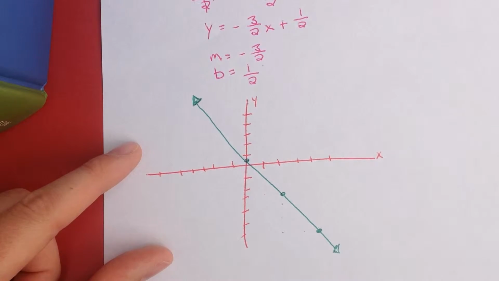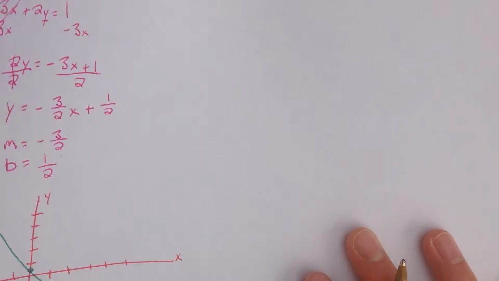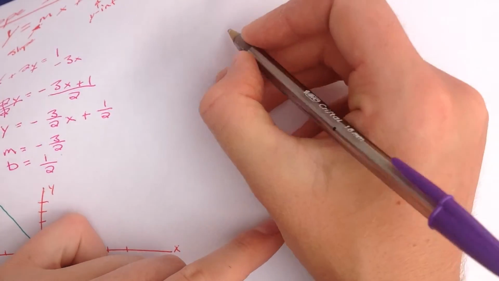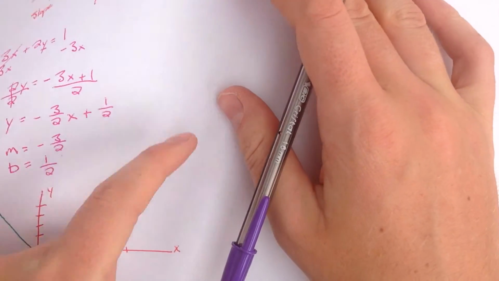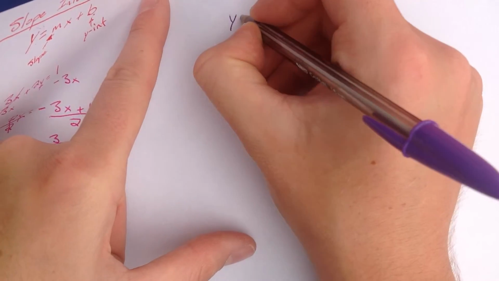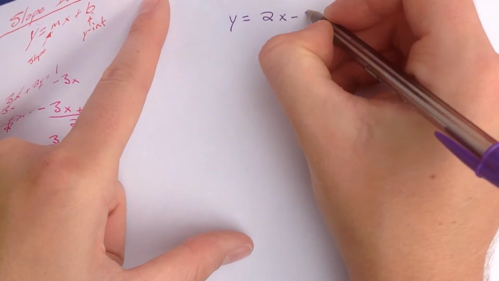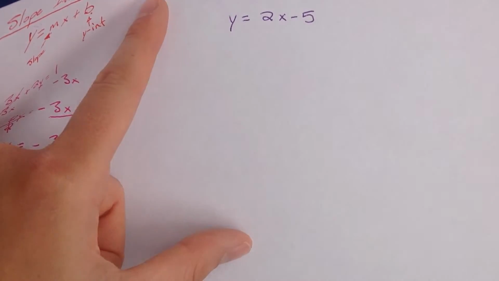Let's do another example of graphing one of these. So, given the equation y equals 2x minus 5, let's graph that line.